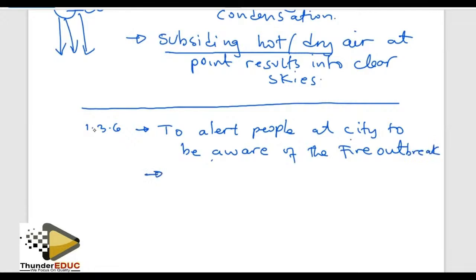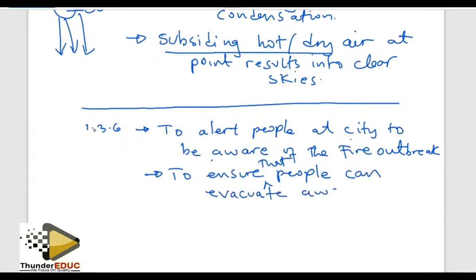Two, to ensure that people can evacuate away from that area.